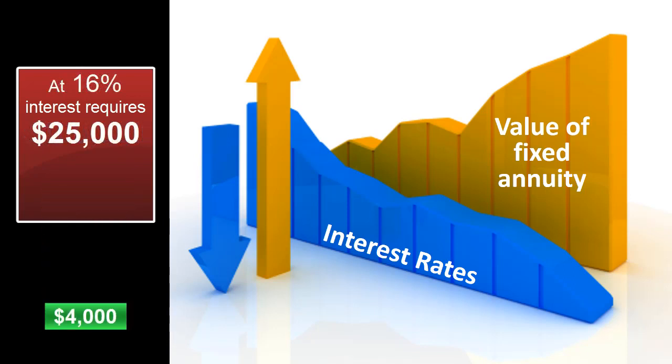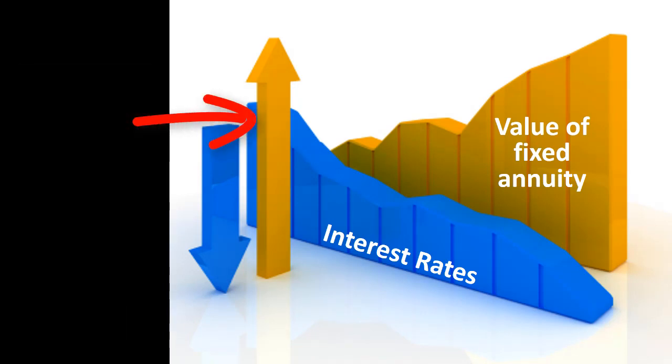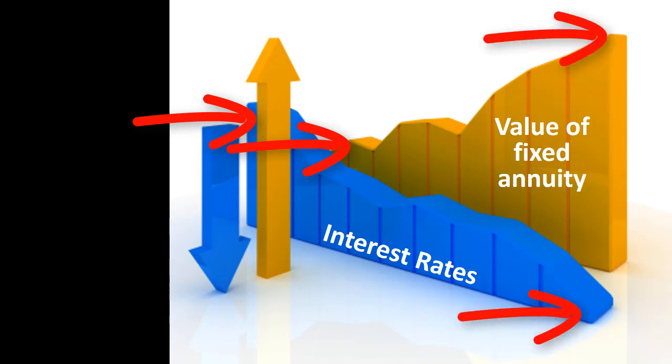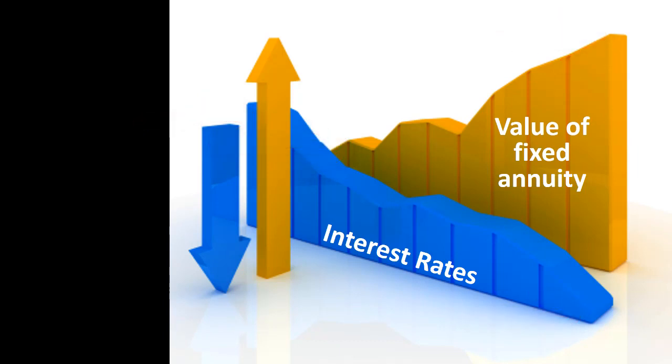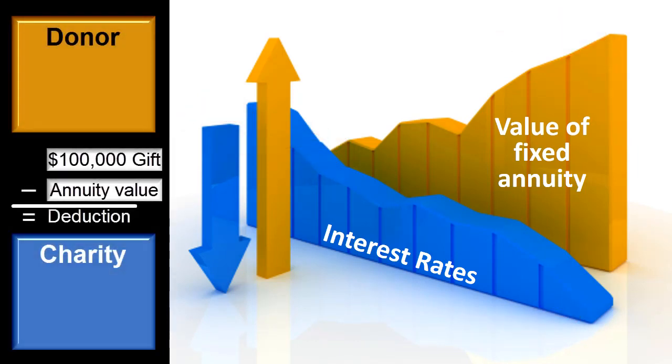So if the donor selects the higher interest rate, 2.4% in this case, the annuity the donor receives from the charity will be valued at less than if the donor selected the lower interest rate, 1.6% in this case. Does the donor want the annuity he receives to be valued higher or lower?